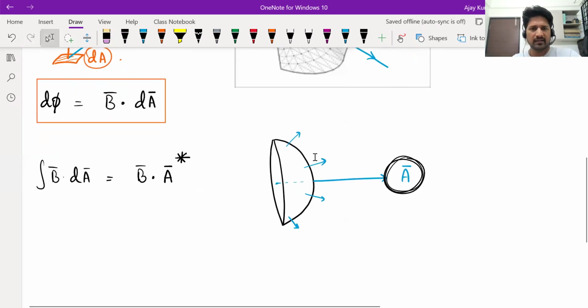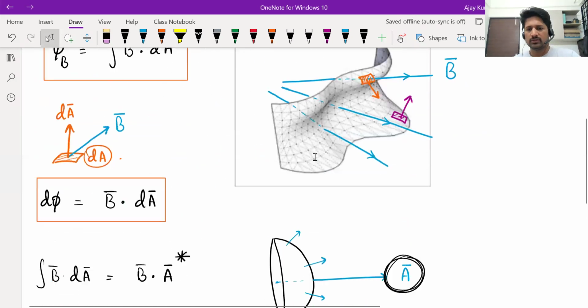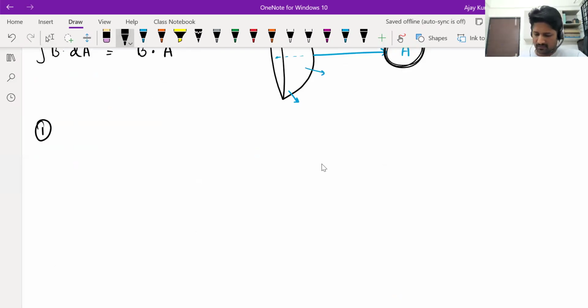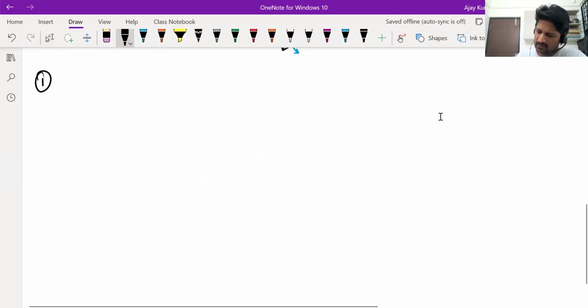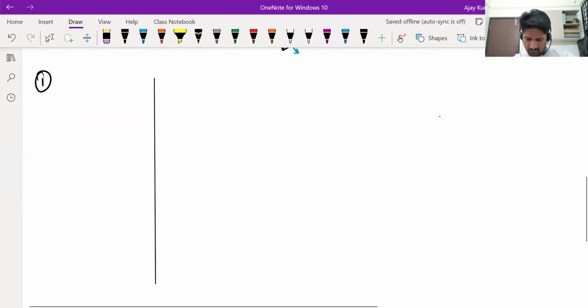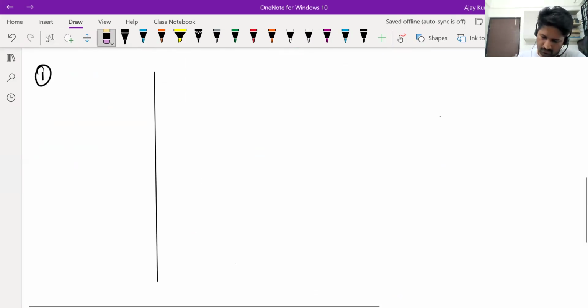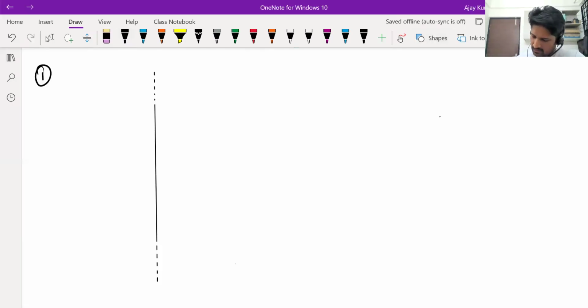So let's use this formula and derive magnetic flux through some surfaces. First, let's say there is a straight infinite wire. This is a very common situation used in many problems actually. And assume there is a rectangular surface nearby.